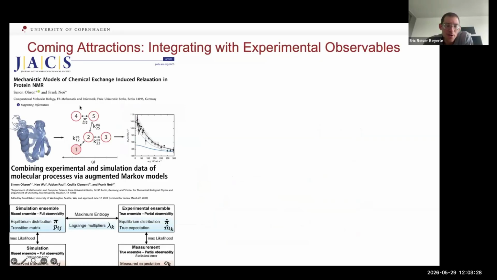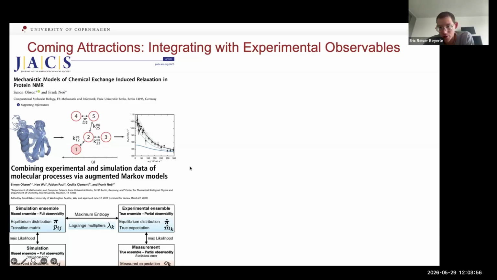People have done this before from Frank Noe's group, where you have these augmented Markov state models, where you have this discrete kinetic model, and then you use the experimental observables as these Lagrange multipliers to update the equilibrium distribution and the probabilities of transitioning between these discrete states in your kinetic model.